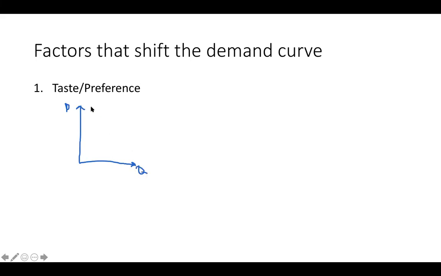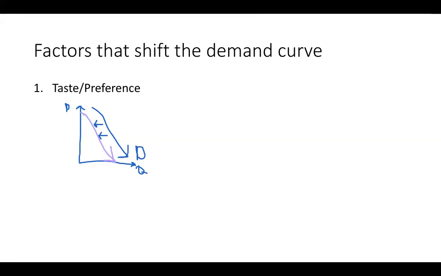My demand curve might have been right here in 2000. So let's say this is the demand for flip phones. My demand in 2000 for flip phones was a lot different than the demand we have now. Now we have much more advanced technologies, so the demand for flip phones is not as high. So this is something that would shift our curve left. So we would see a leftward shift.